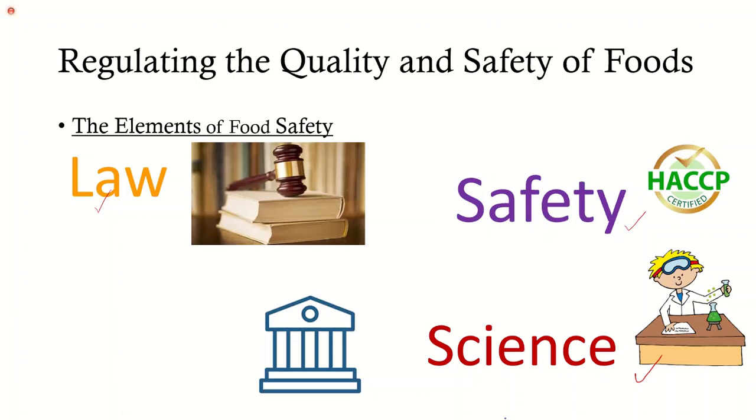Right, so when it comes to food quality and safety, this is made up of 4 pillars. There should be a food safety policy for each country, and there should be a scientific process to determine the quality and safety of the product, and that should be certified.